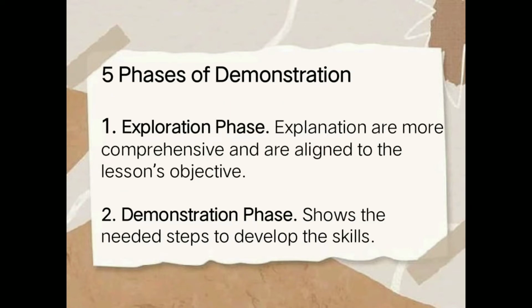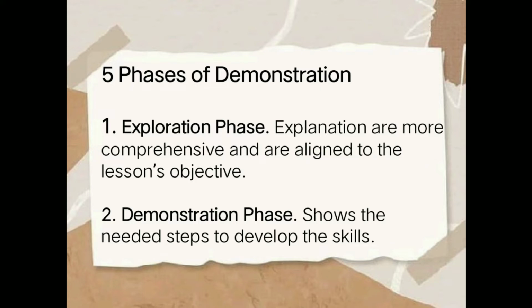In demonstration, there are 5 essential phases. Number 1, exploration phase. Explanations are more comprehensive and are aligned to the lesson's objective. That means at the end of the lesson, the learners should ask questions on matters that they do not understand.